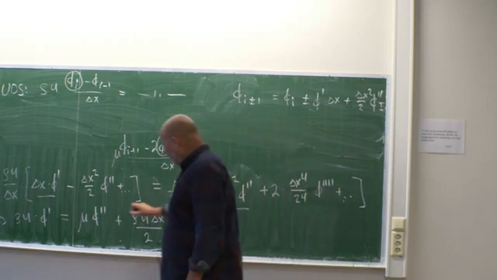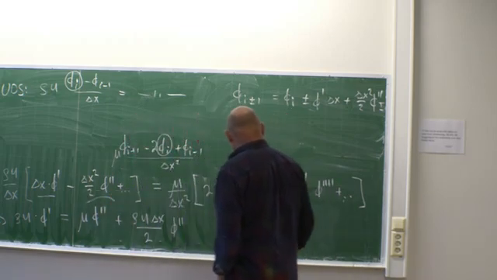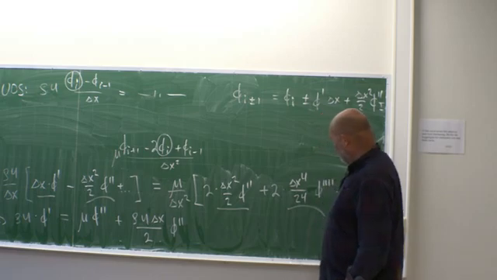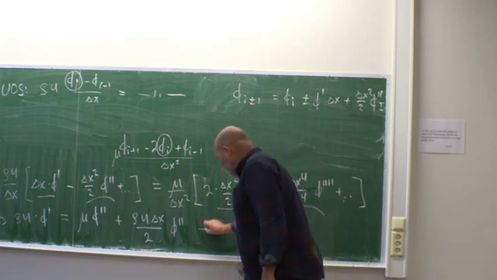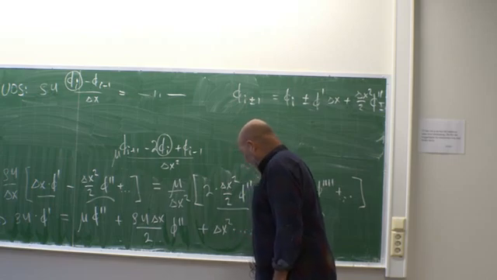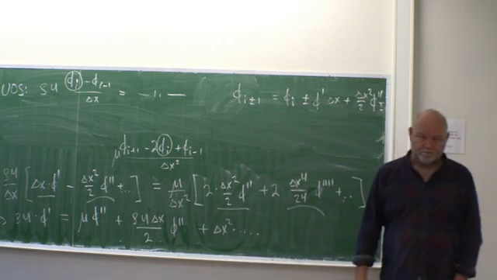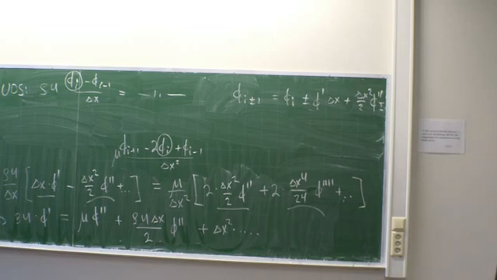That was this term. And then we have a final term here, something with delta x square plus delta x square multiplied with something which we don't care about.